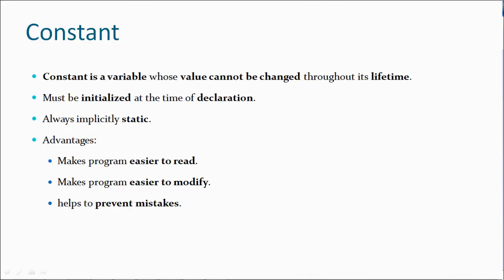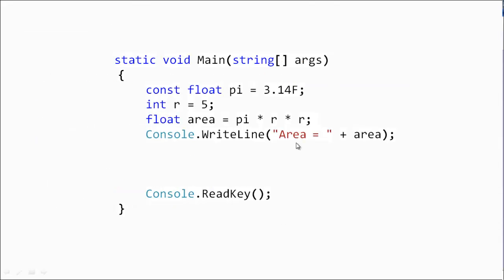One thing that you should know is that constants are always implicitly static. Let us see a simple example to demonstrate the use of constants. Here you can see that we have declared pi as a constant float variable so that we can use it in an expression like this.